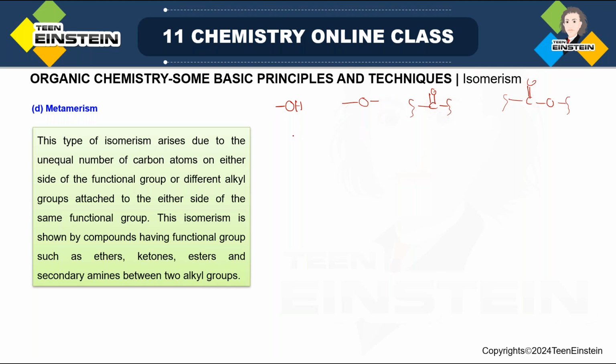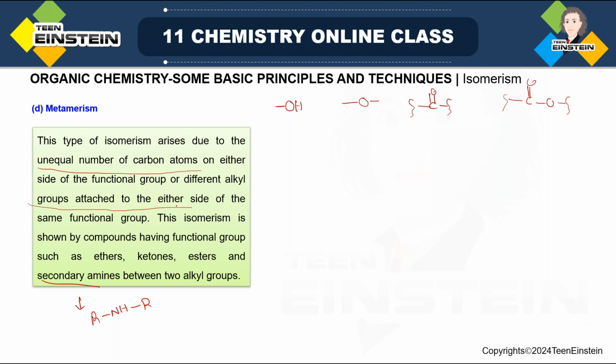It is also applicable for secondary amine. Secondary amine means R2NH, so there are two R groups attached on both sides. So these are the groups where you can find metamerism, and this type also arises due to unequal number of carbon atoms on either side of the functional group, or different alkyl groups attached to either side of the functional group. So not always a different number of carbon.